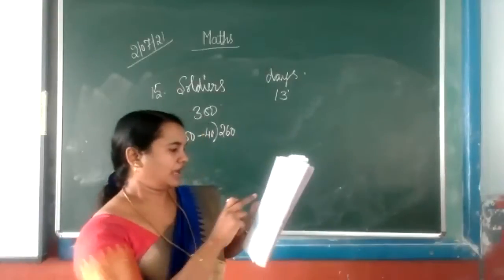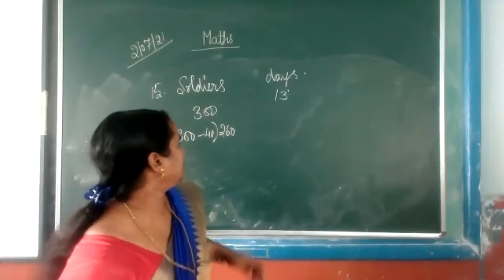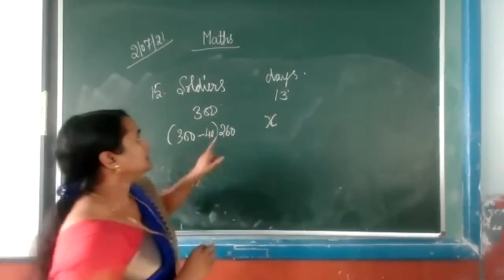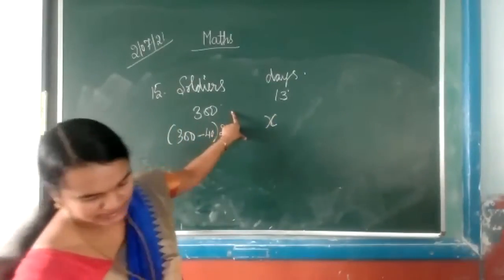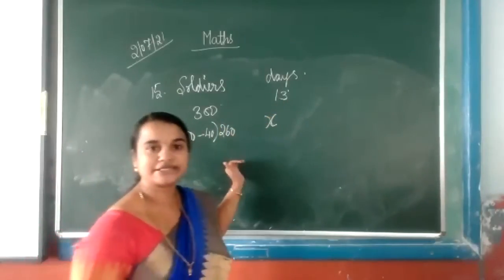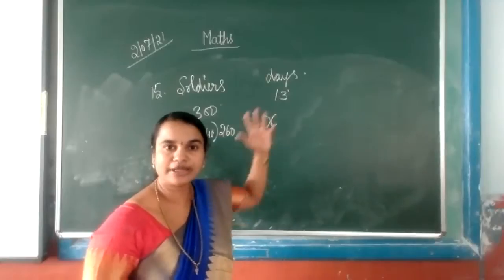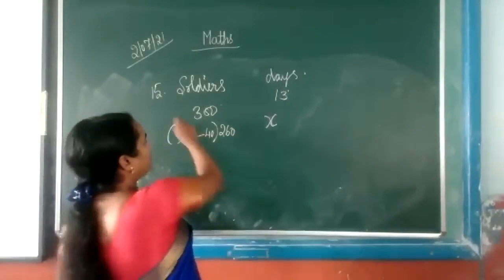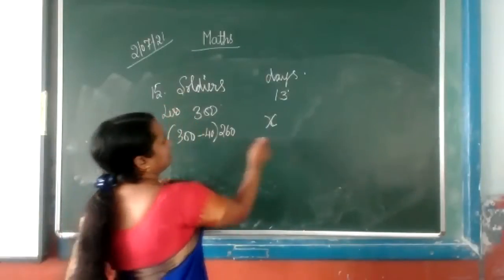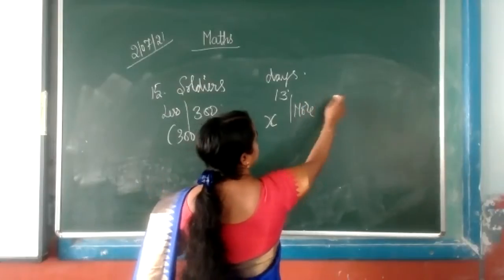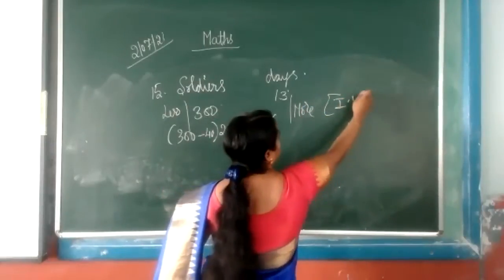Clear? And we have to find the days. Now you see, 300 soldiers had provisions for 13 days. If the number of soldiers decreases, the provisions will remain longer. So here you get less and here it will be more. That means more and less, this is indirect variables.